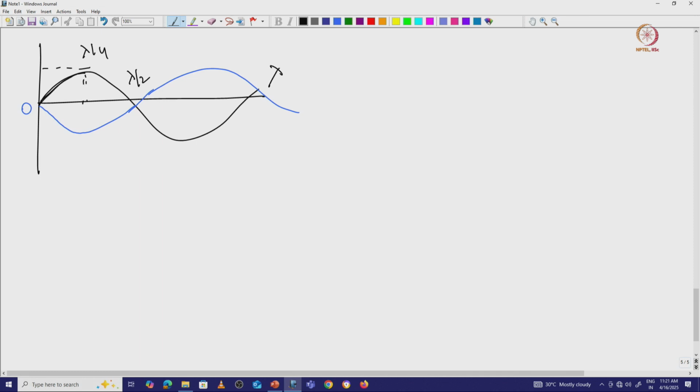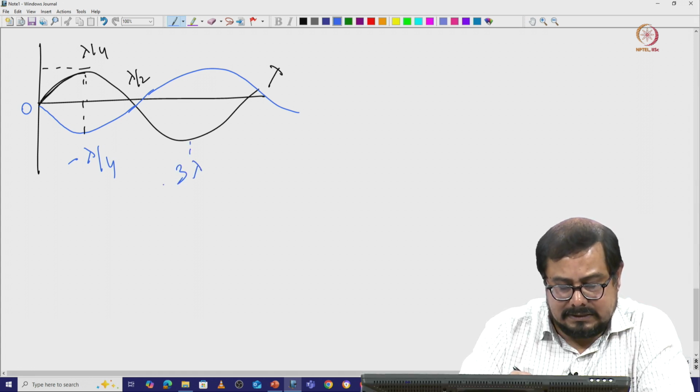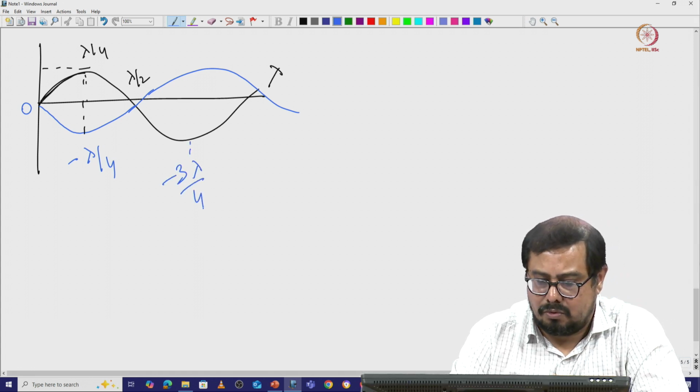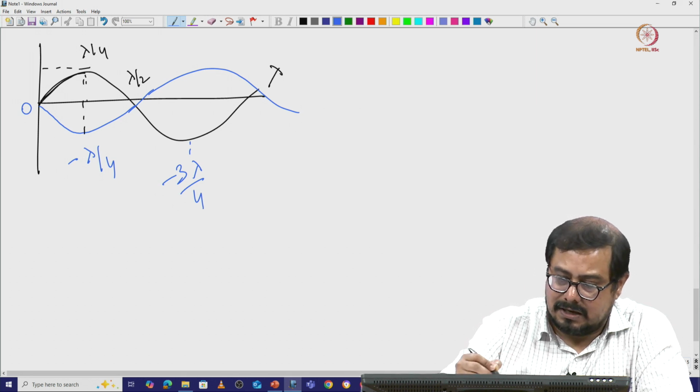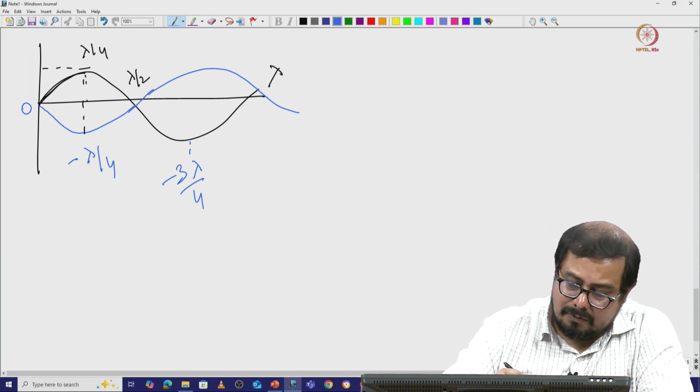Here you can see it is the same thing, but this appears in the negative, minus lambda by 4, right. This one is also coming minus 3 lambda by 4. This one is the black one.